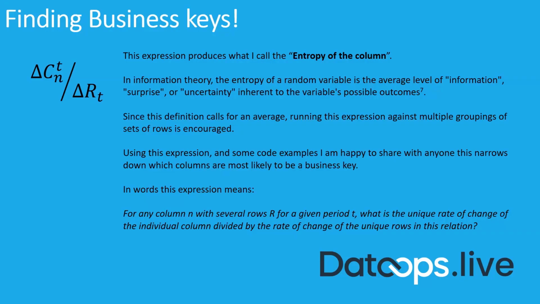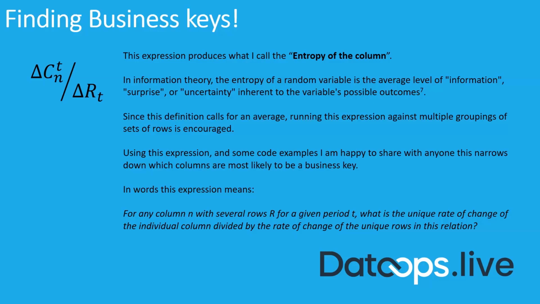But next to that, you're going to have something like a city, a state, and a zip code. States are going to be the least unique of all of them, because there's only a finite number of states. Cities, you can have the same city name in multiple states.